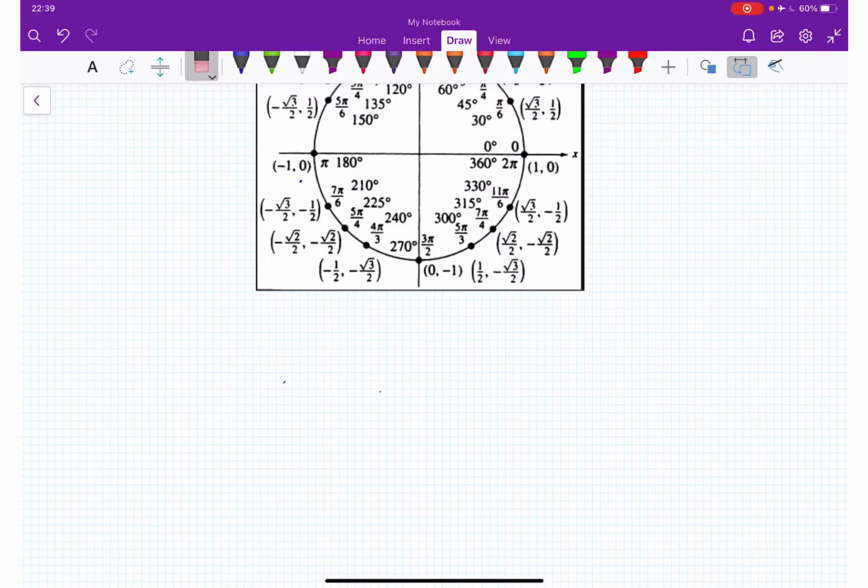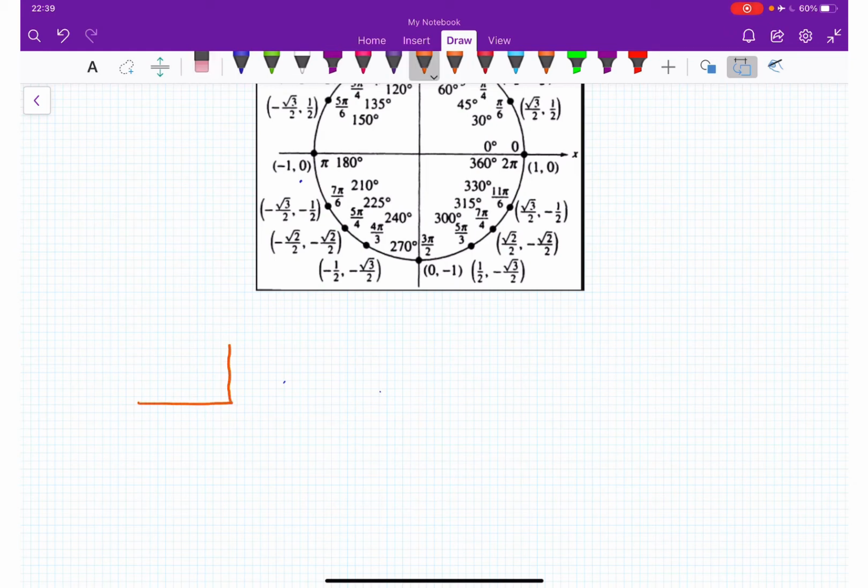Okay, let's learn the definition of the 6 trigonometric functions based on a triangle with the right angle. All right.